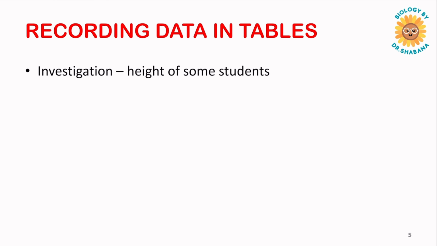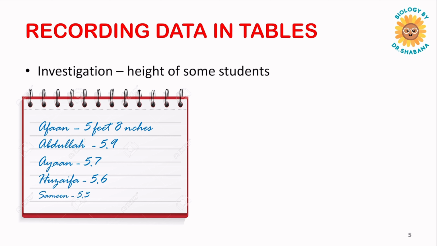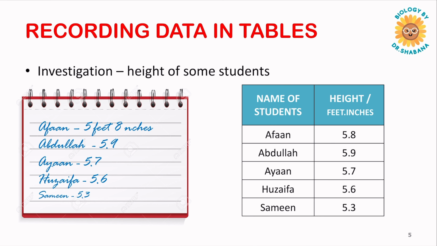Now let's talk about tables. What is a table? For example, I want to find out the height of some students in my class, 4 of them, and at the end of the investigation, after measuring the height, what do I get? I write down the names of the students and the height, and that will not be enough, so what do I do?